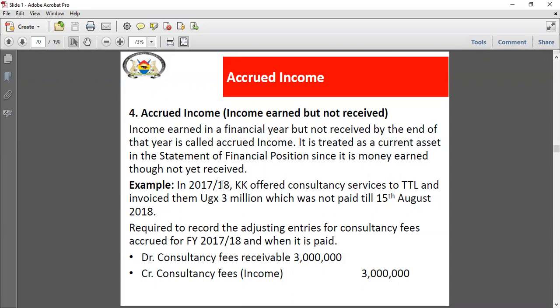Remember, if it's a financial year of 2017-2018, it ends on June 2018. So they later paid on 15th August, after the year end.